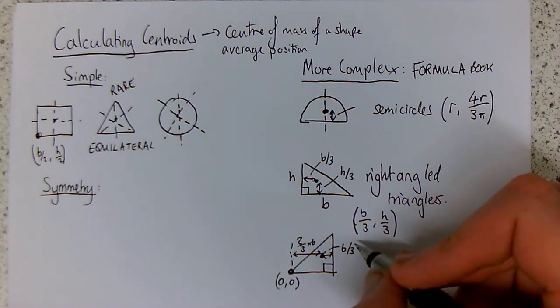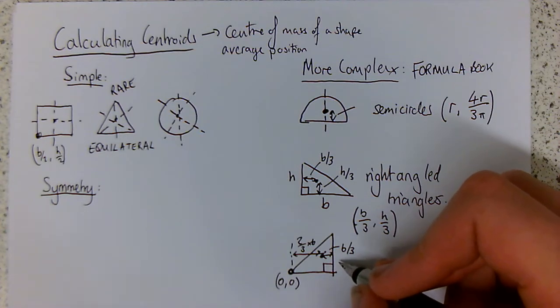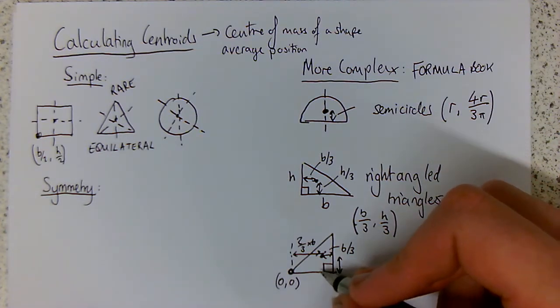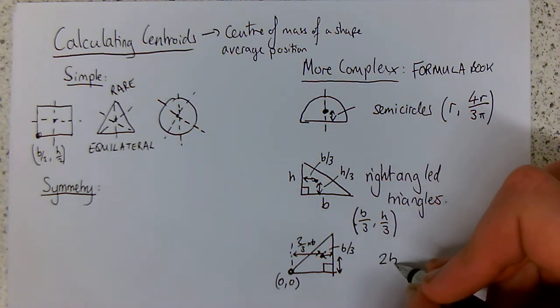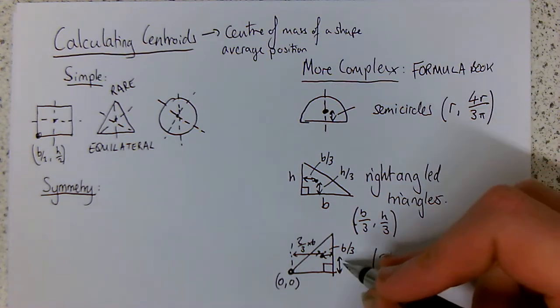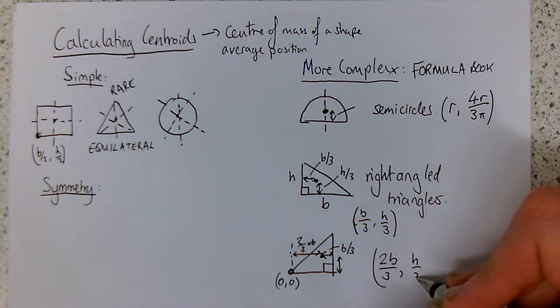That is what you get if you take your base and take 1/3 of the base away from it. Likewise, in this example, the y coordinate is measured from the bottom, so it is height over 3.